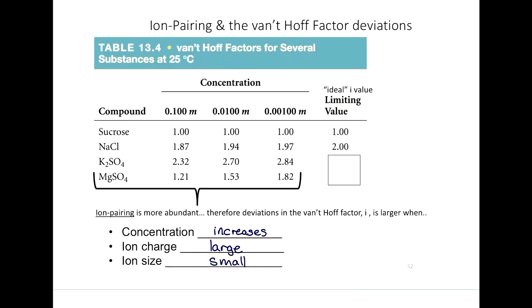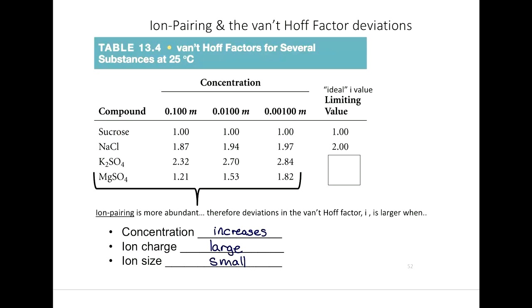So higher ion charges also increase the extent of ion pairing, which again deviates your Van 't Hoff factor. And then finally, ion size. When your ions are really small, they also tend to pair up more likely because you have a really high charge density.